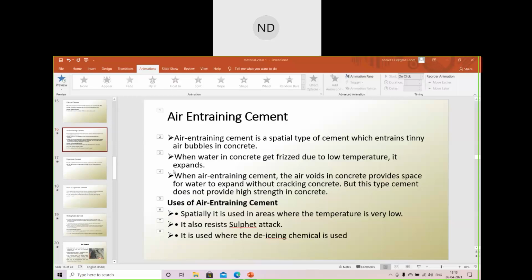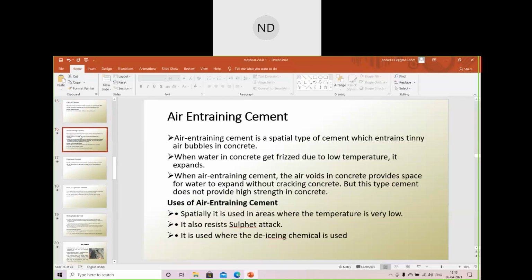I think those who had to join have already joined. We had completed colored cement.